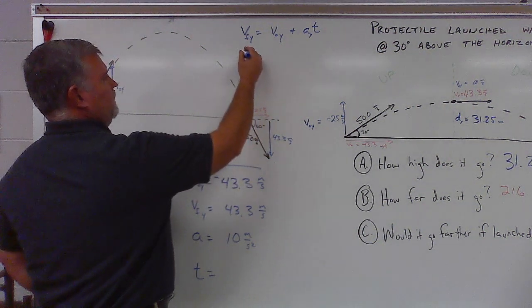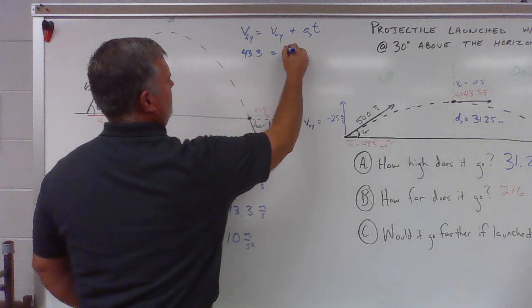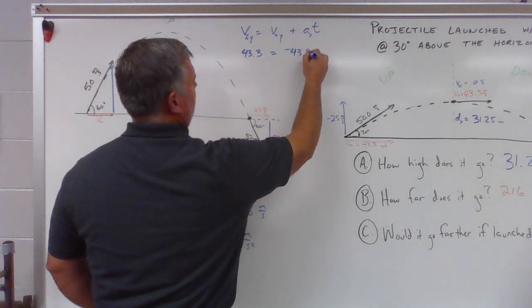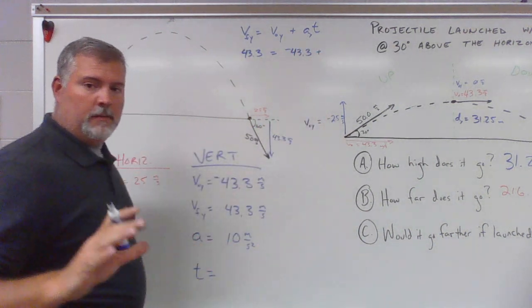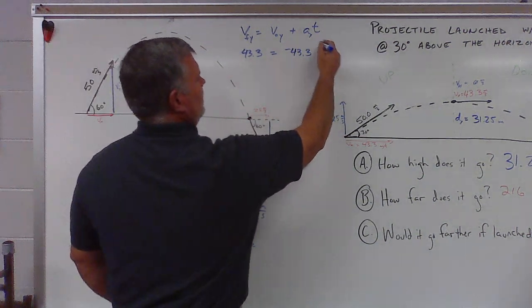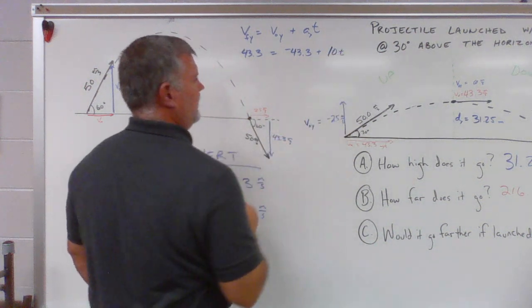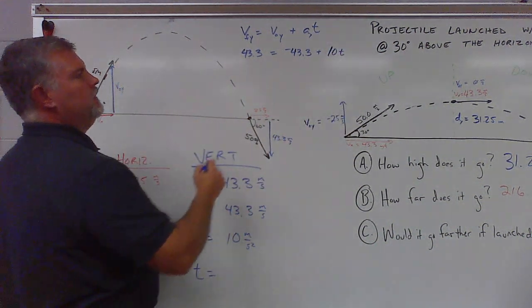We've got the final is 43.3. The initial is negative 43.3. Again, just talking about all vertical stuff here, ignoring the horizontal. Gravity accelerates things at 10 meters per second squared, and it's going to be multiplied by time.